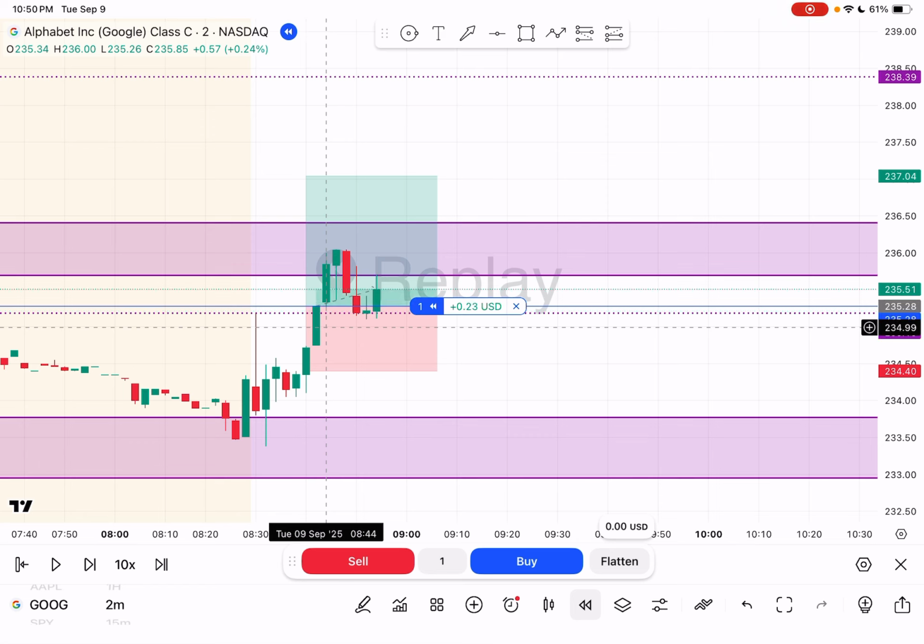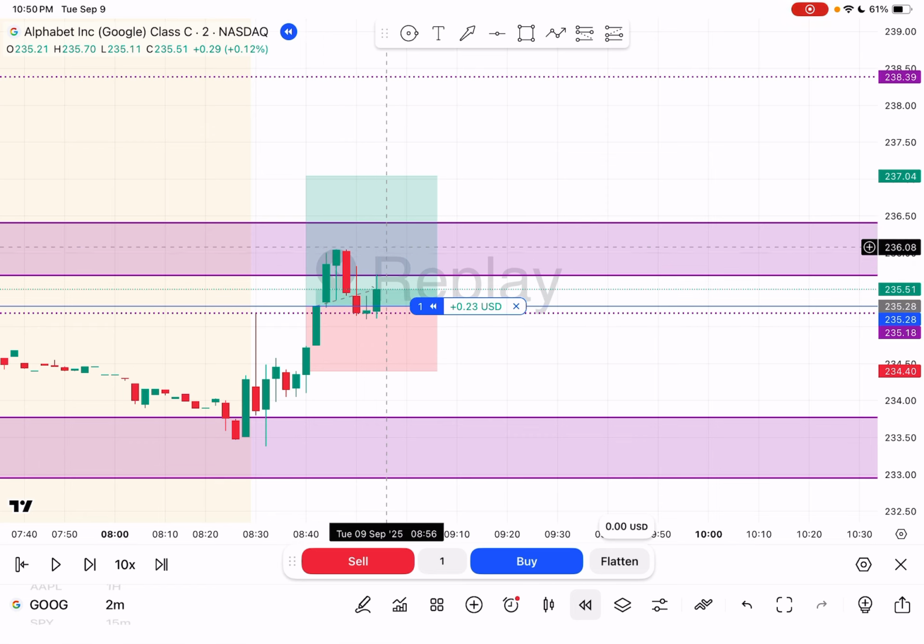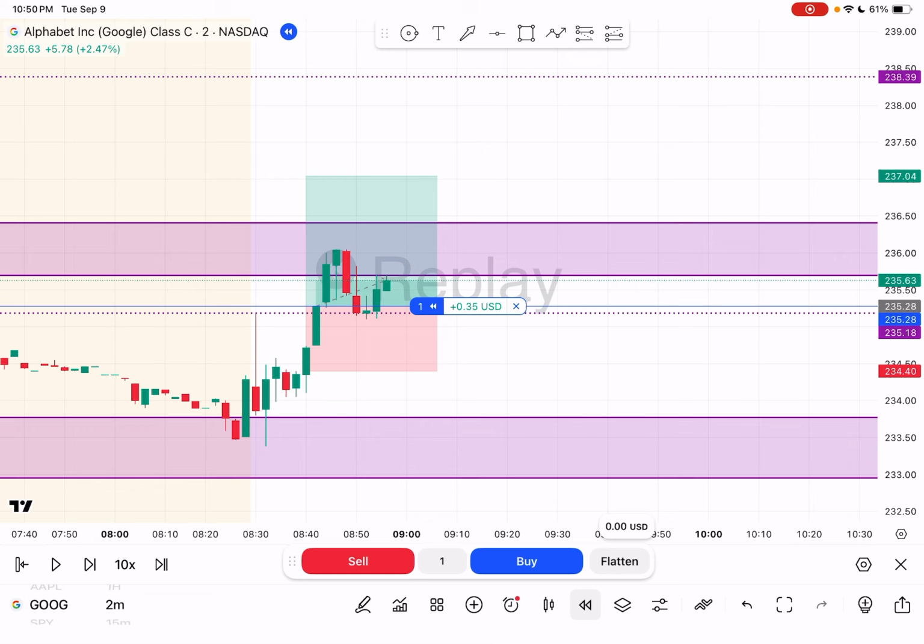Also, this area right here where it rejected off of is a psychological level at 263, so that could also just be an area of testing resistance. But nonetheless, we still see more green candles, even though the green candles are small.